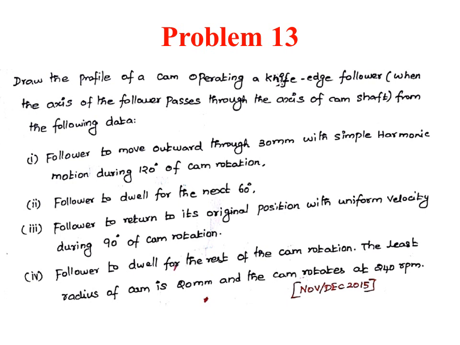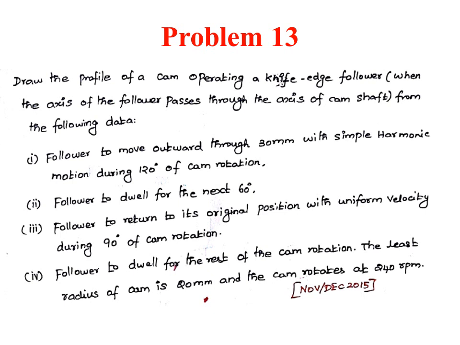Now let us interpret this problem. It is clearly mentioned in the first line that the cam is operating a knife edge follower, so the type of follower here will be knife edge. They also mentioned that the axis of the follower passes through the axis of the camshaft, that means they are in line.